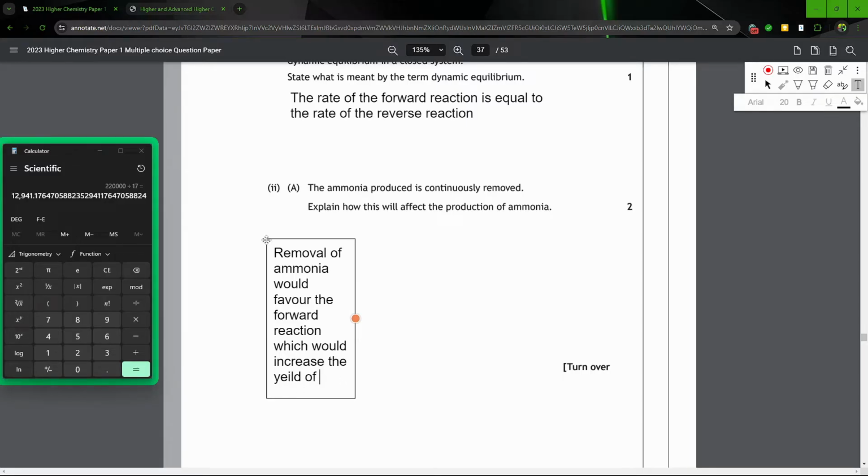Yield of ammonia, and decrease the rate of the reverse reaction.